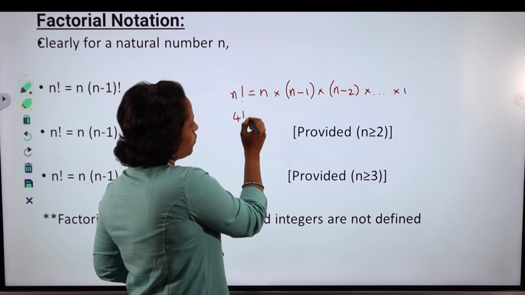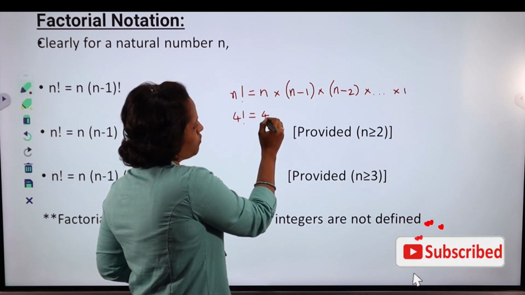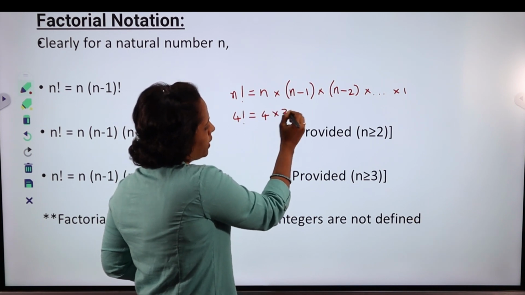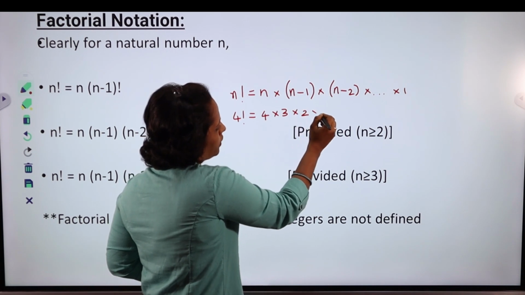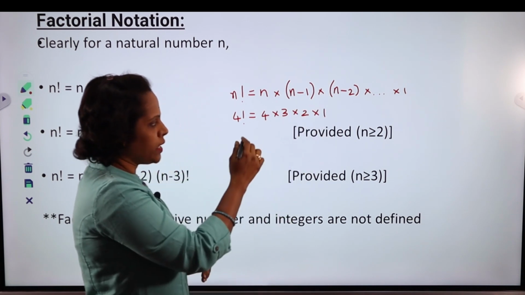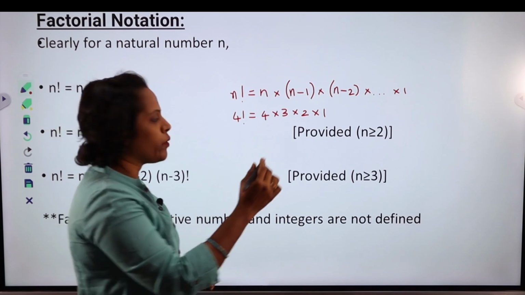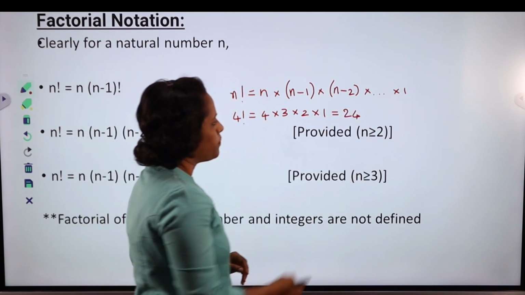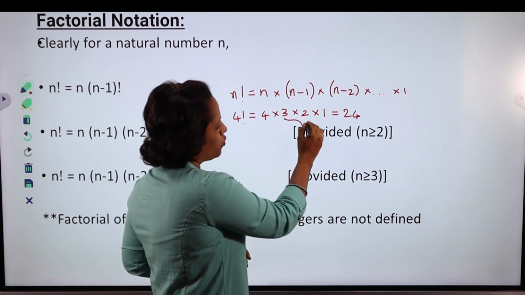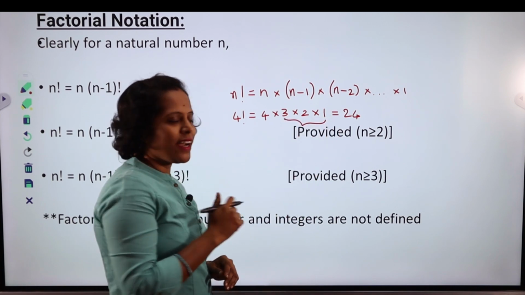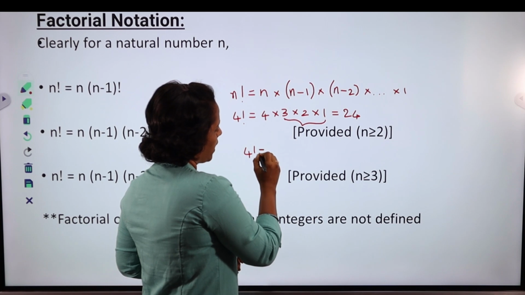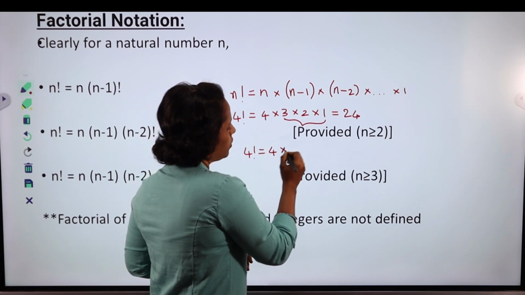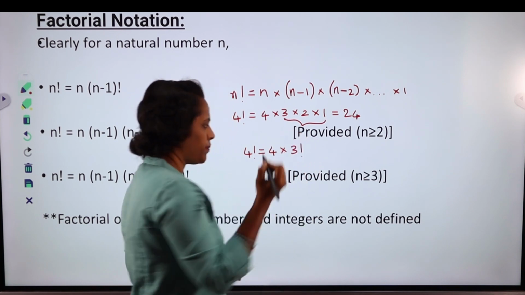What is 4 factorial? 4 factorial is 4 into 3 into 2 into 1. So 4 3s are 12, 12 2s are 24, 24 1s are 24. I can write 3 into 2 into 1 as 3 factorial, right? So I'll write 4 factorial as 4 into 3 factorial.